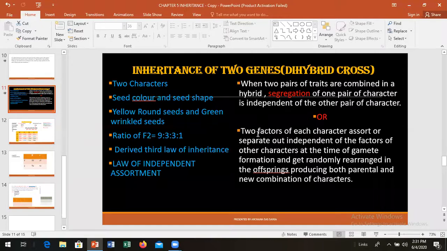So different combinations were seen in the offspring. They always have the ability to assort, to segregate, to separate out, and also to get rearranged randomly in the offspring, producing both parental and new combinations of characters. That was what Mendel tried to prove through the dihybrid process.